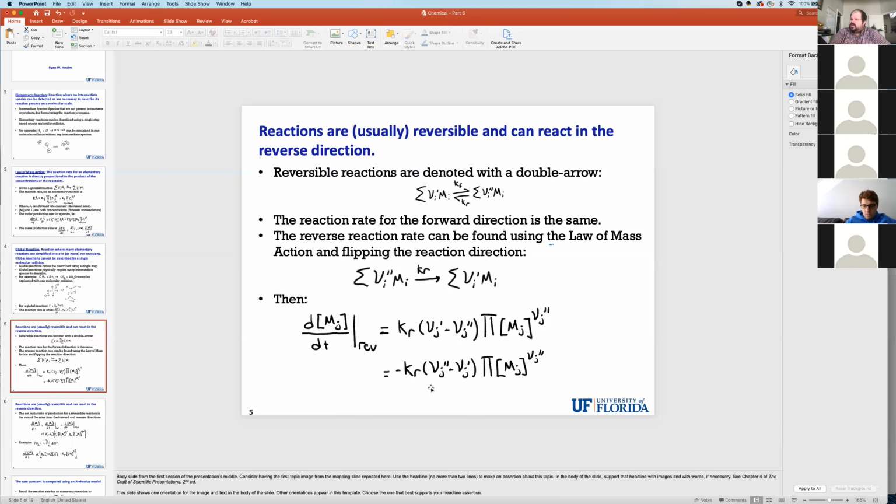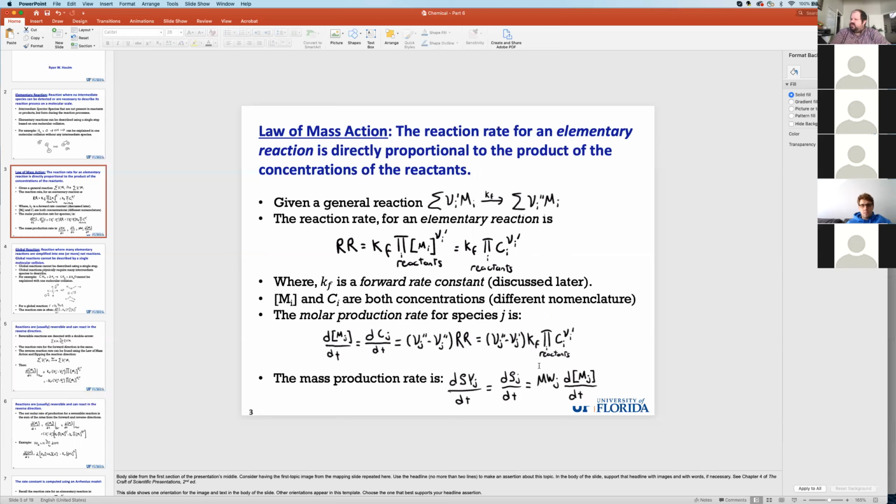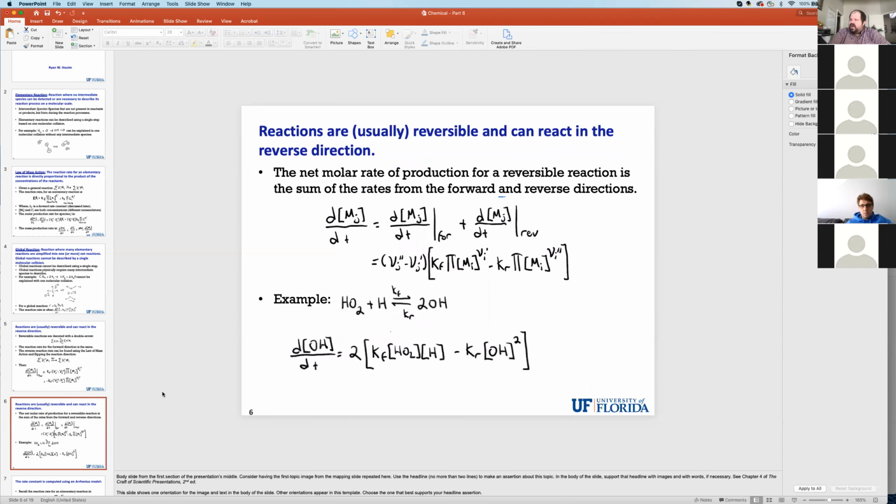And if I use the expression here for the reverse rate of production and add that to the one for the forward rate of production here, what I wind up with is this equals nu j double prime minus nu j prime times the quantity of the forward rate constant times the product of the concentrations of the reactants raised to the nu i prime power, minus the reverse rate constant times the product of all the concentrations on the product side of the reaction raised to the nu i double prime power.